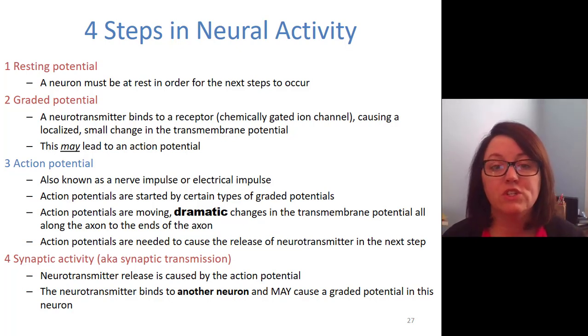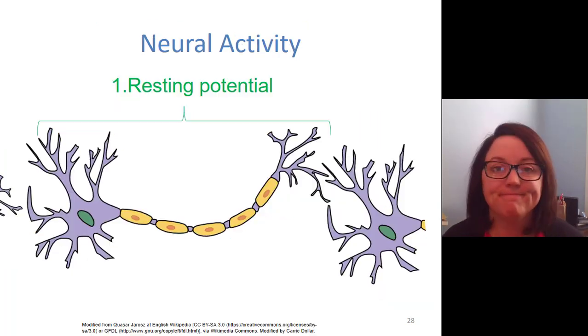Once the action potential reaches the end of the axon, it causes the release of neurotransmitter during the synaptic activity portion. So during synaptic activity, again, the neurotransmitter is released due to the action potential. The neurotransmitter will bind to another neuron and then cause a graded potential in that neuron.